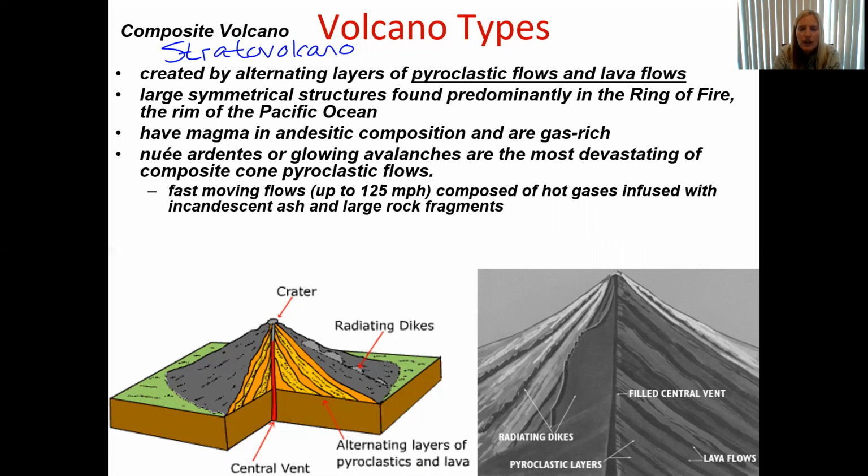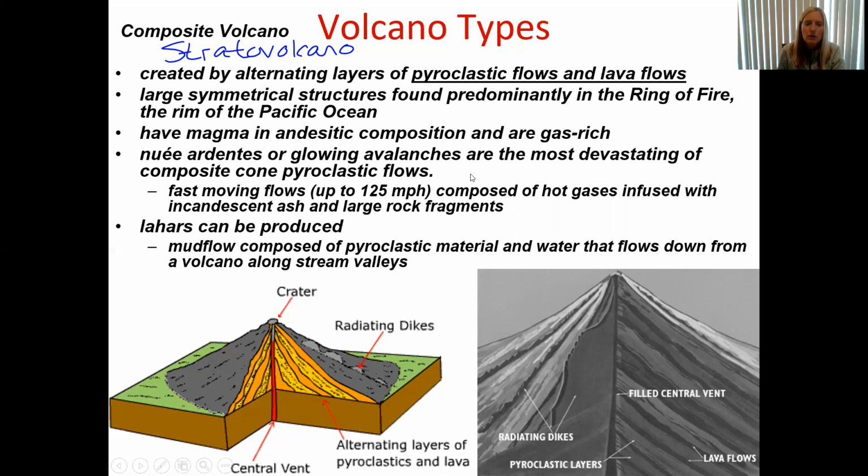This is a glowing avalanche because it has those gases that were released mixed with the ash, which ends up glowing, along with rock fragments. So we get this flow of pyroclastic materials that can come down the side very quickly and obviously be harmful or deadly to the people who are around.